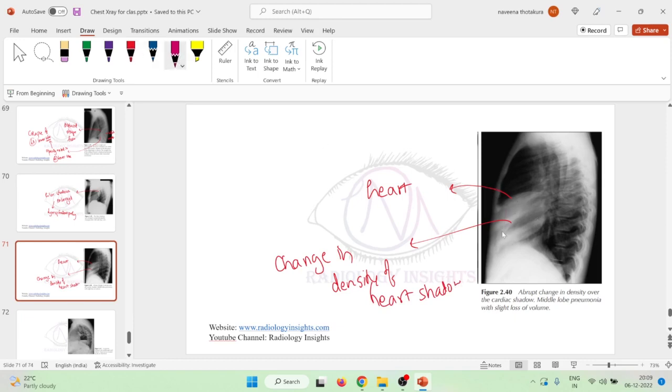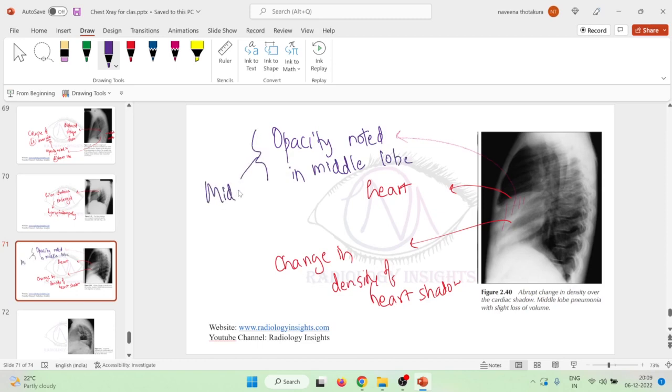Actually, this whole part which you are seeing is an opacity noted in the middle lobe. That is the reason why there is a change in density of the heart shadow, and this is called middle lobe pneumonia.